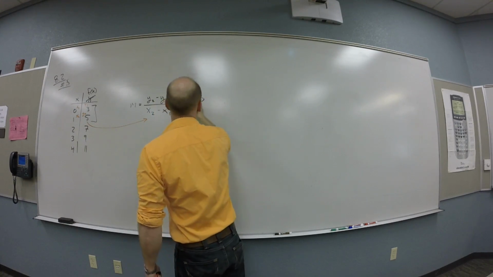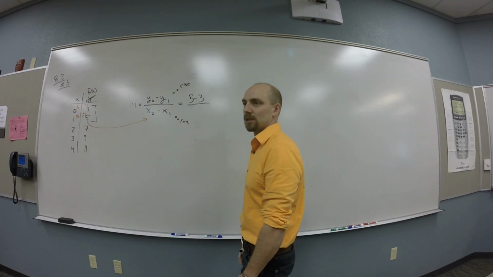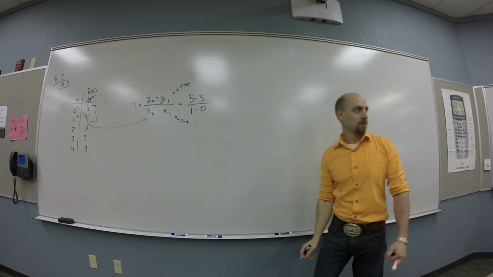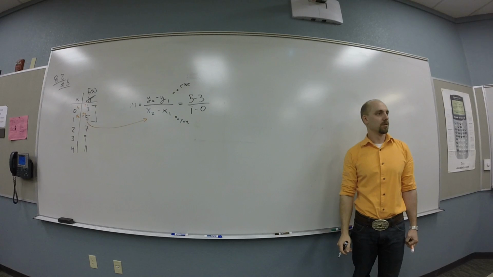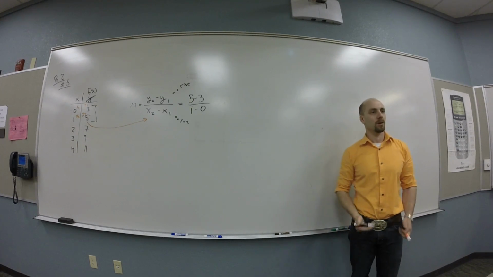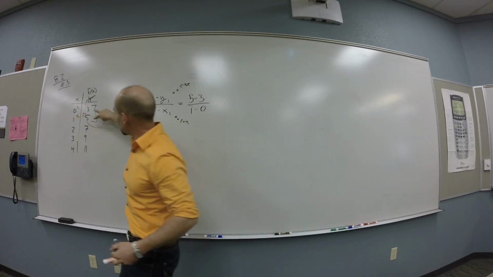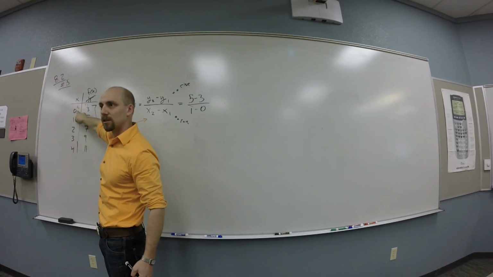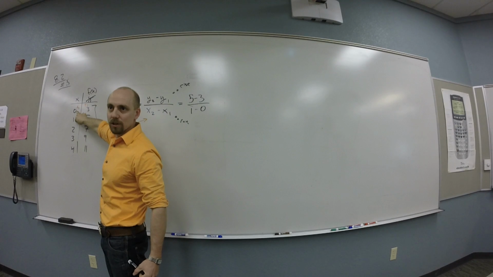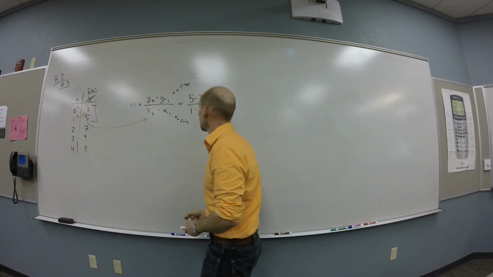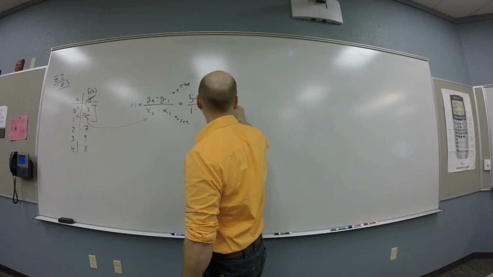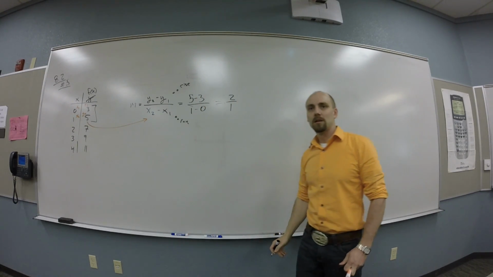Okay, so my rise is 5 minus 3, and my run is 1 minus 0. You guys with it? Really, that's this difference divided by that difference, right? The y difference divided by the x difference. Okay, so I get 2 over 1, right?